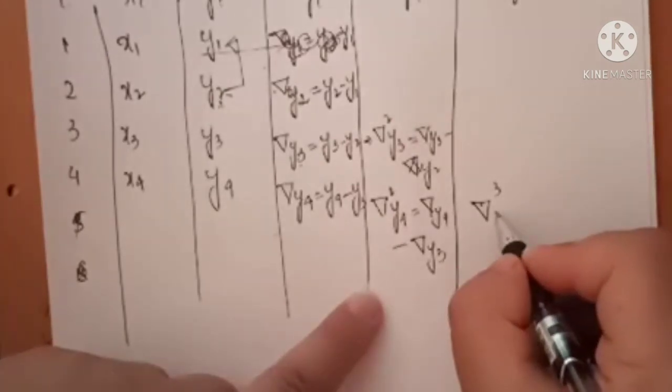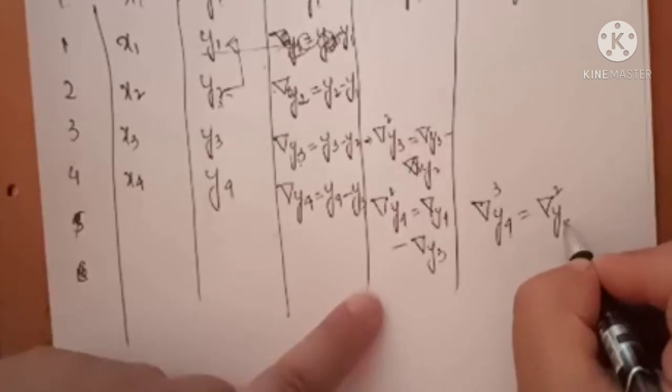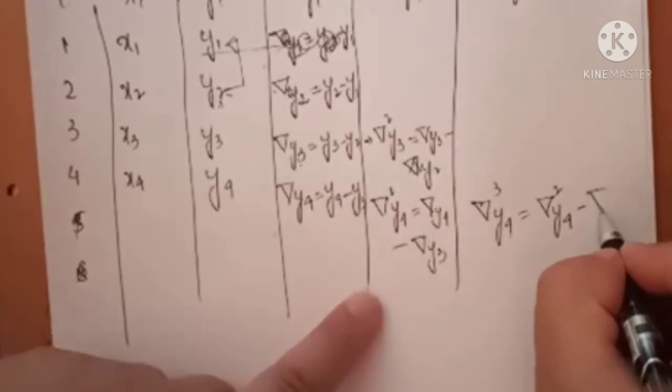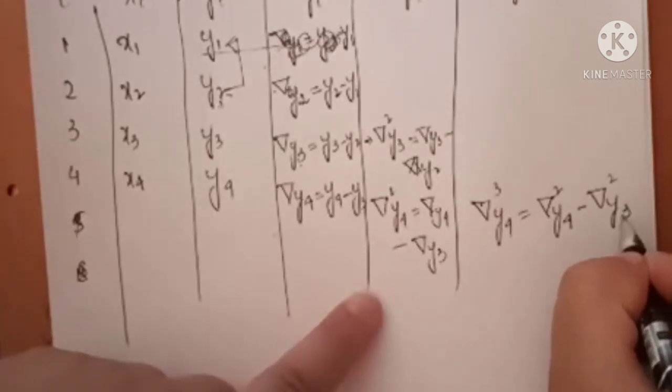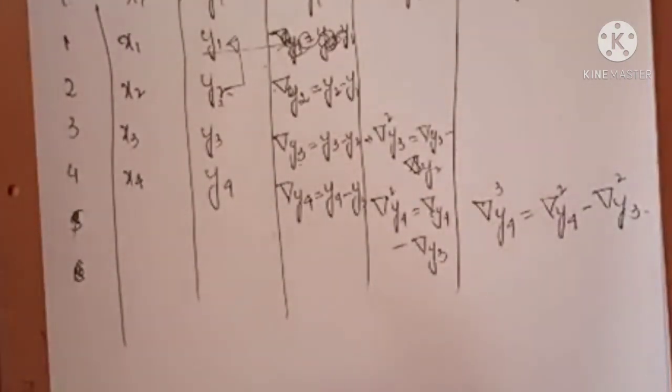Delta cube y4 will be equal to delta square y4 minus delta square y3. So this is how we represent the backward difference order, and this is how we construct the backward difference table.